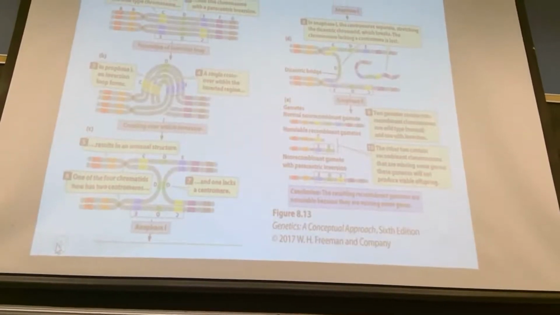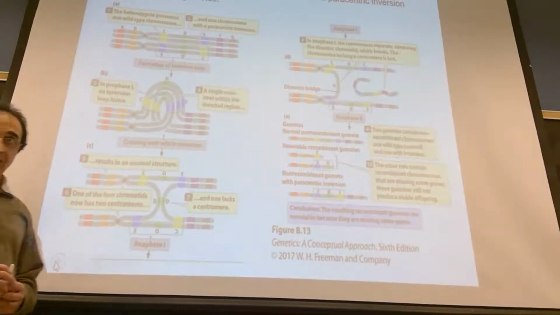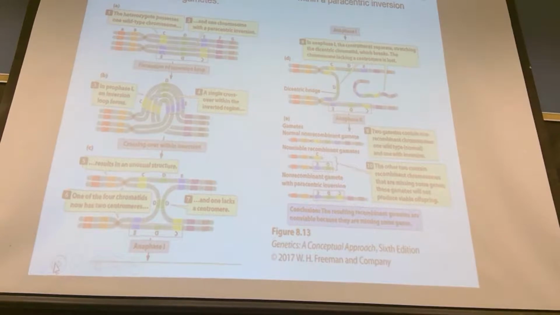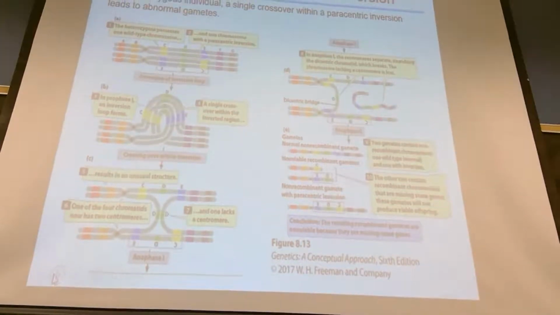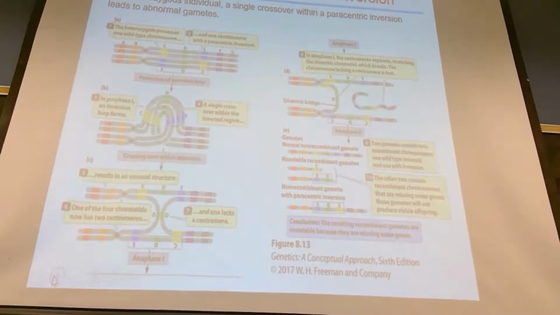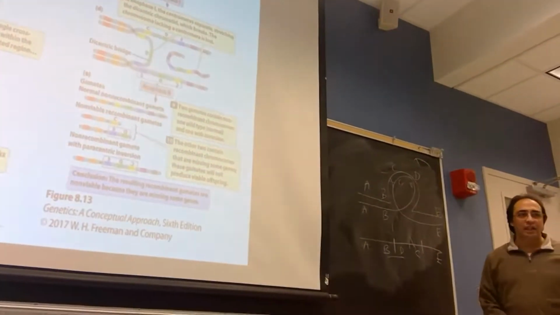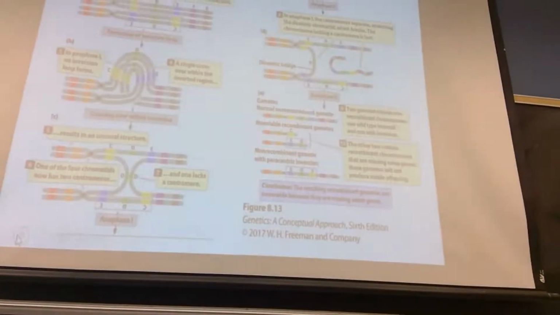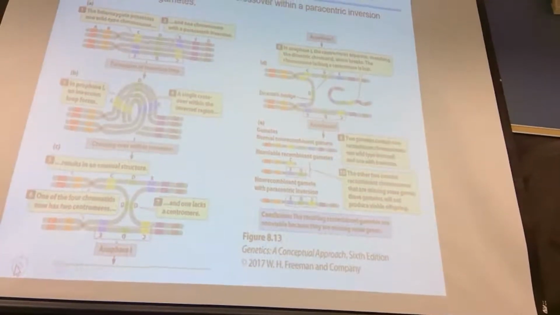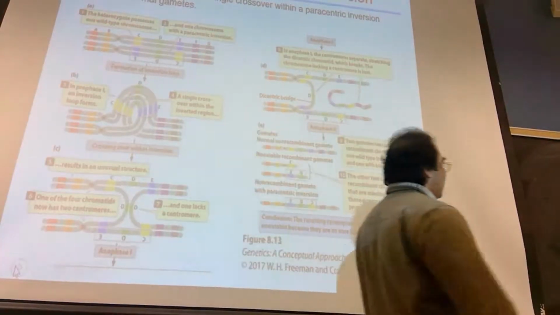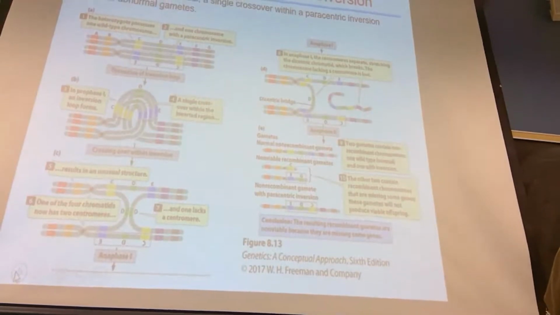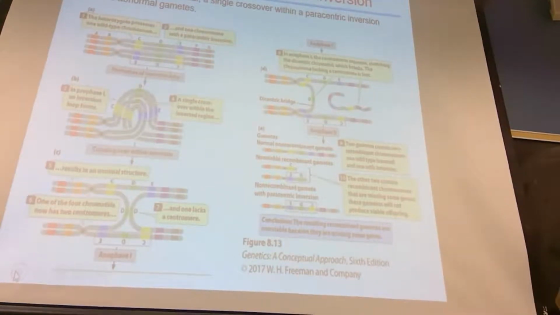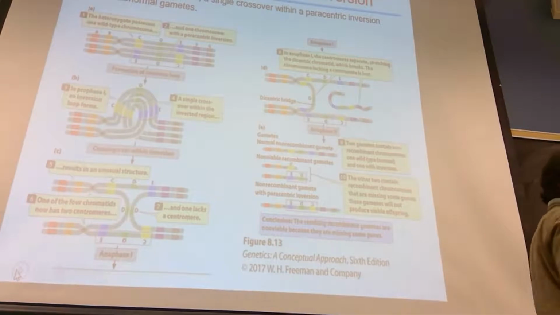Okay, that's fine. What will happen if there is a crossing over here? Suppose there is a crossing over here between these two. So there is a crossing over here, that means A, B, like this.